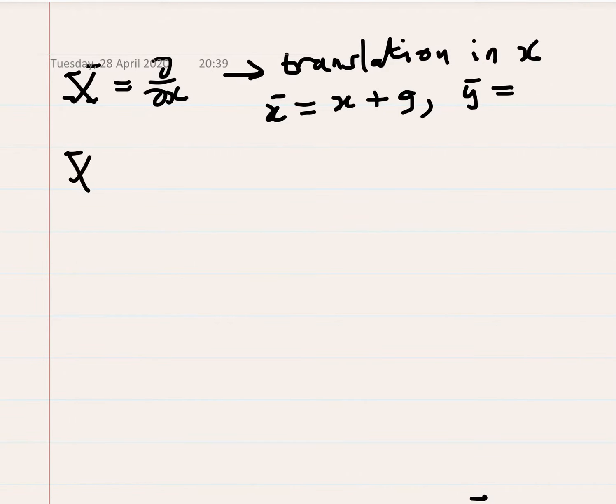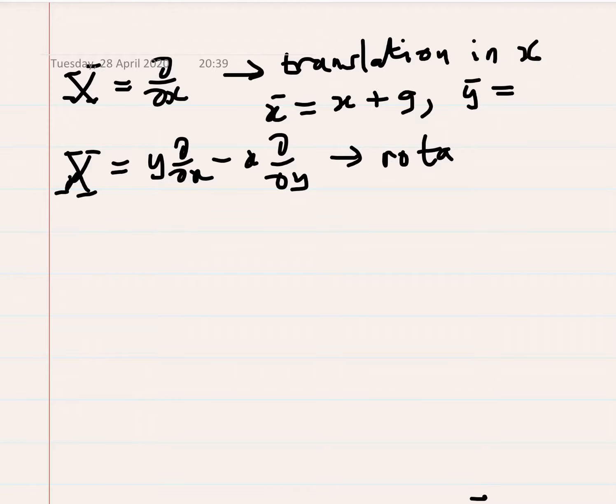Then if you have your vector field X equal to y d by dx minus x d by dy, this is rotation in the xy coordinates.